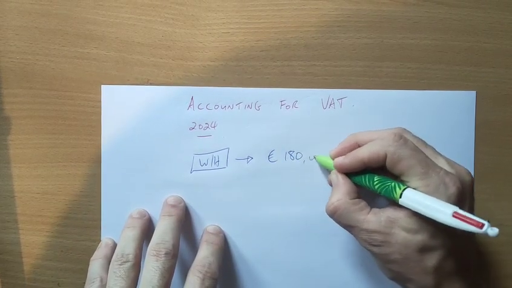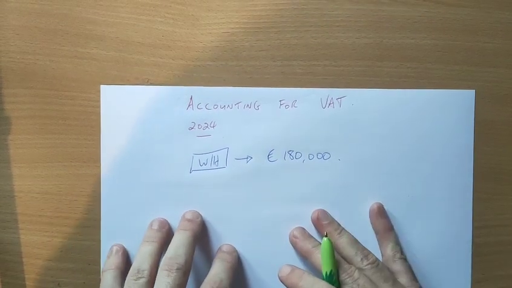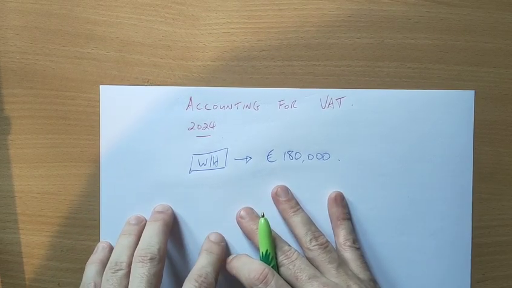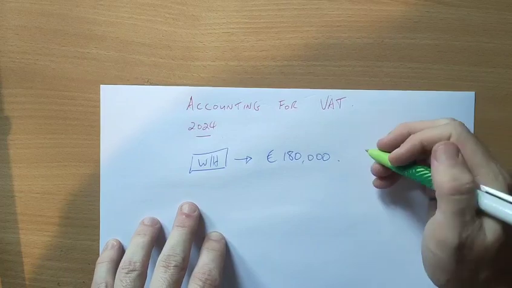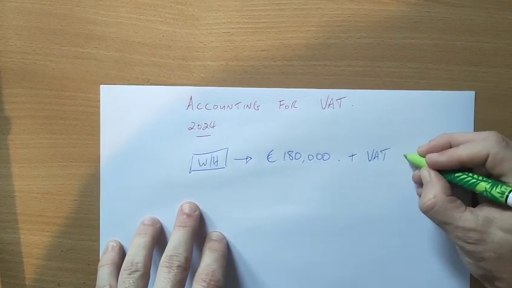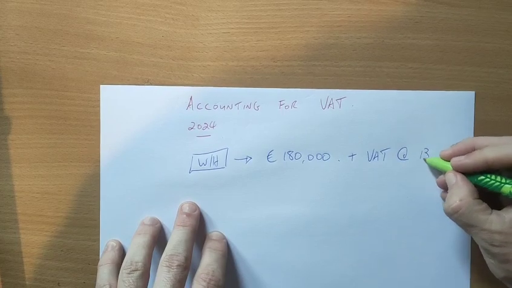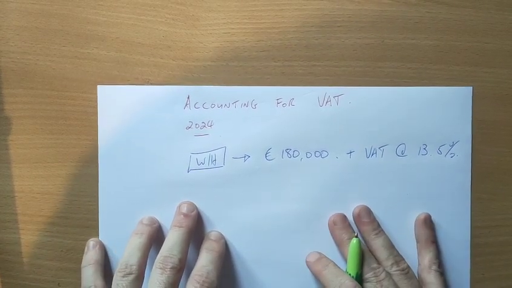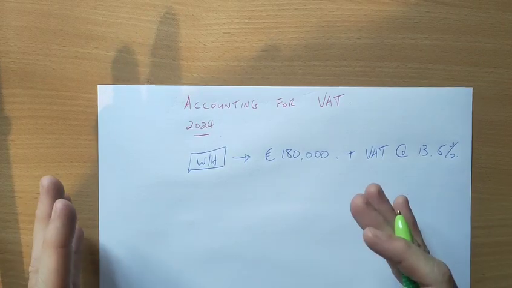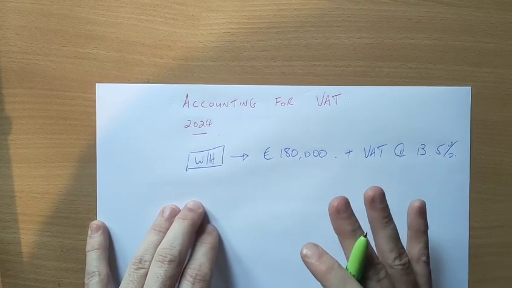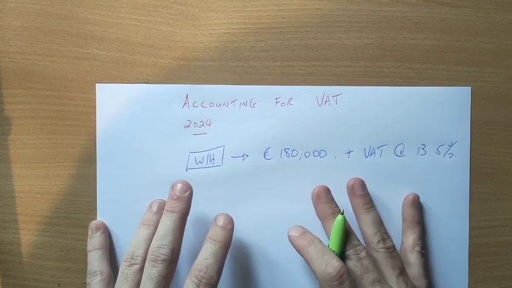In the question they might say a new warehouse was purchased or built during the year, and this was 180,000, plus VAT at 13.5%. And they might say the total amount was entered into the land and buildings, but no entry was made in the VAT account whatsoever.